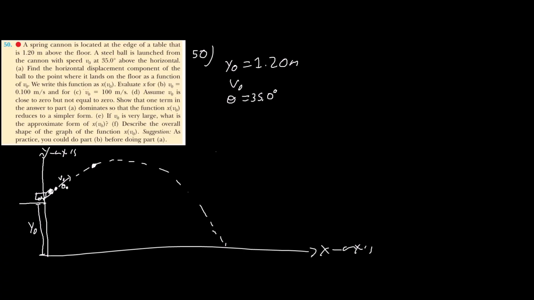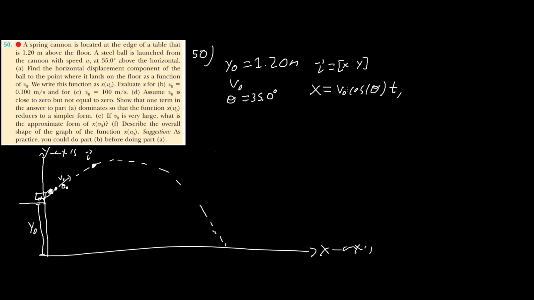find the horizontal displacement component of the ball to the point where it lands on the floor as a function of V naught. So that's pretty straightforward. Let's get started. So this is going to be L, a position vector, and I'm going to use my own notation. X is going to be some initial velocity, V naught, times cosine of theta times time.